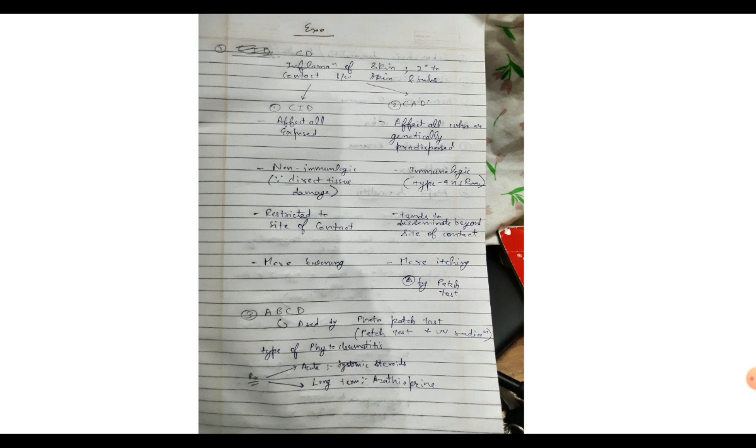Contact allergic dermatitis basically occurs due to subsequent or repeated exposure to the same allergen. So it does not occur on first exposure. So there is also another point of difference between them. Here the memory T cells are formed, and it is basically diagnosed by the patch test. In patch test, two readings are taken, on the second day and the fourth day.